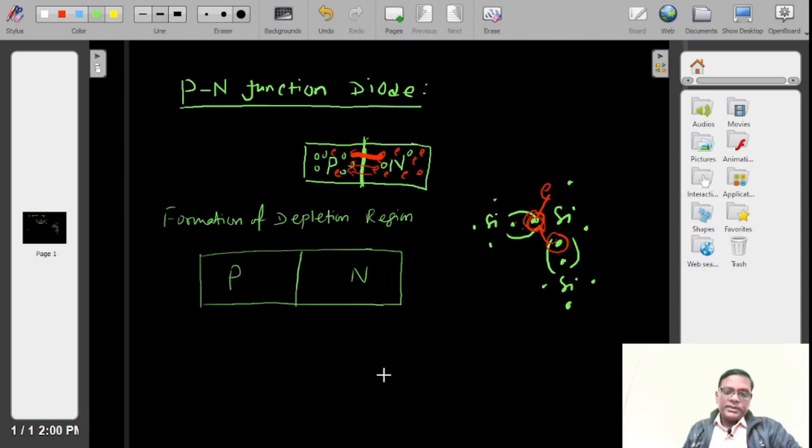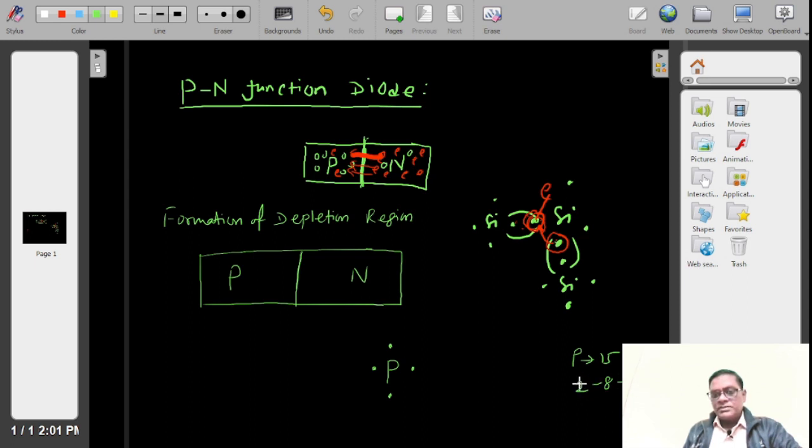If I take phosphorus as a pentavalent impurity, it will have 5 electrons in the outermost orbit, because phosphorus has atomic number 15. So in the first orbit it has 2 electrons, in the second orbit 8 electrons, and in the third orbit 5 electrons.